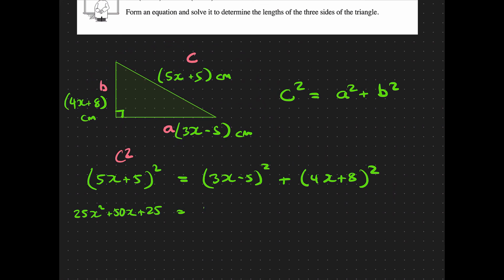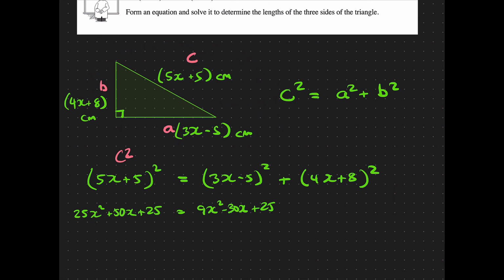3 times 3, which is 9x squared. Negative 5 times negative 5 is positive 25. And I get 3 times negative 5, which is negative 15, times 2 is going to be negative 30x.